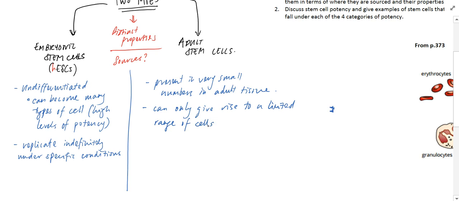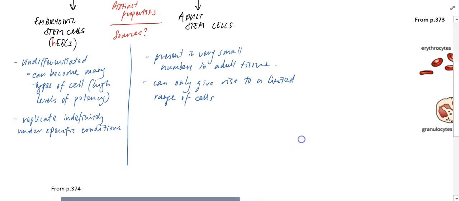So adult stem cells have already been somewhat specialized. They've differentiated a little bit, which means that they don't have as much potential or as high a potency as the embryonic stem cells.